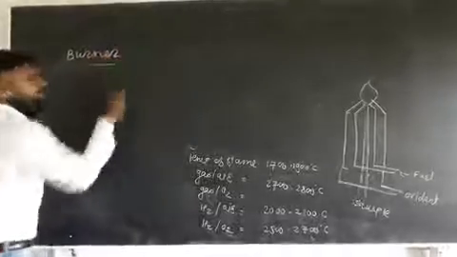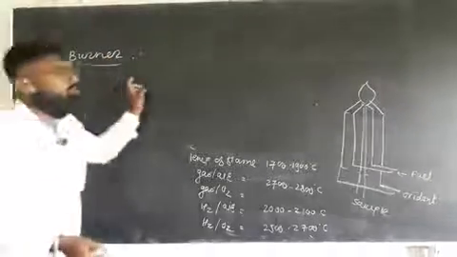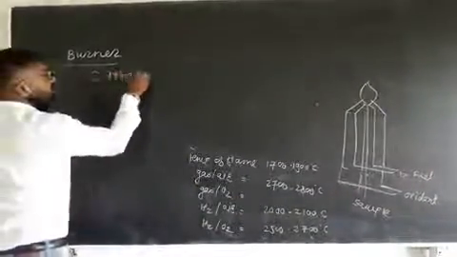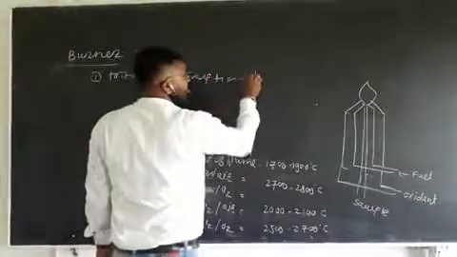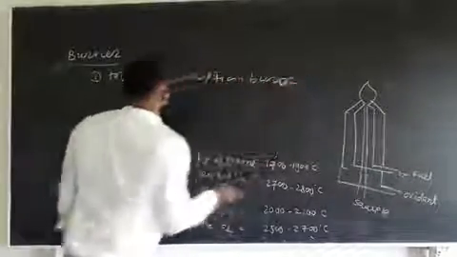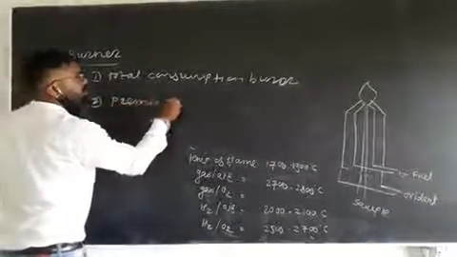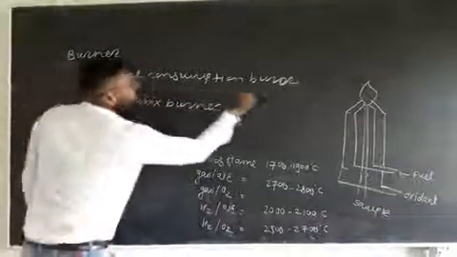According to our syllabus, there are two important types of burner. The first is the total consumption burner, and the second is the premix burner. First, we see the total consumption burner.